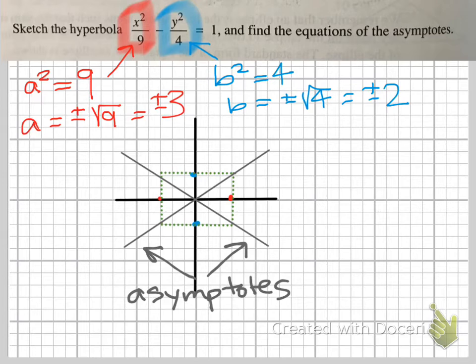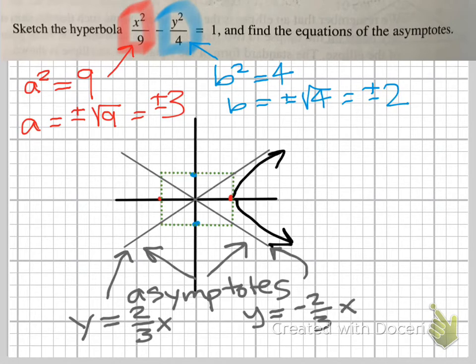Now we need to find the equation of the asymptotes. So you can see that if we start at the origin, we can go up 2 over 3 to get a slope of 2/3, y-intercept of 0, so y equals 2/3 x. The other line, you're going down 2 over 3, so it's going to be y equals negative 2/3 x.